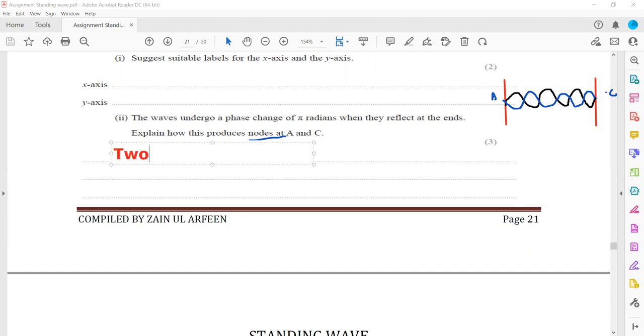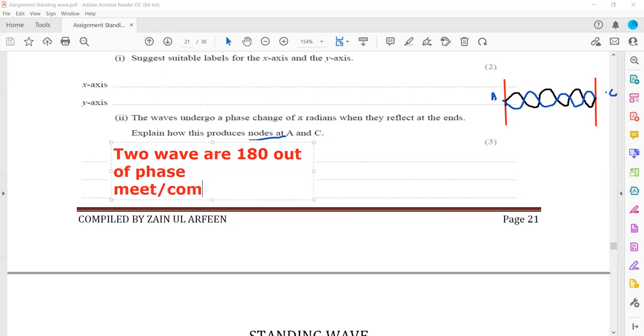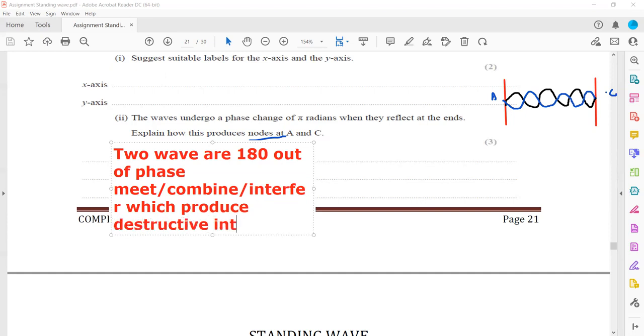So two waves that are 180 degrees out of phase meet each other, combine, or interfere with each other, which produces destructive interference, which leads to the formation of a node.